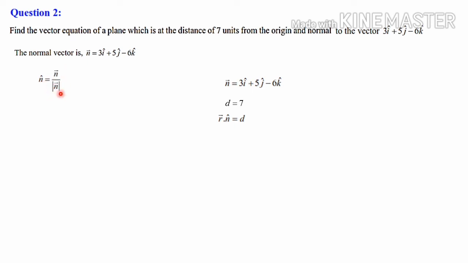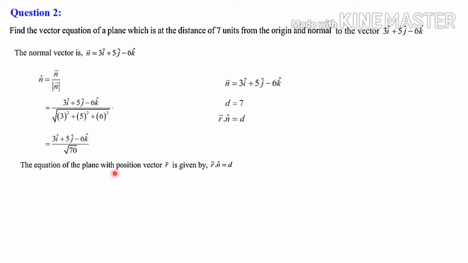Vector n divided by modulus of vector n, that is equal to, modulus of vector n means we know root of x square plus y square plus z square, that is 3 square plus 5 square plus 6 square, that is a root of 3 square plus 5 square plus 6 square in the denominator, and the numerator is vector n itself, that is 3i cap plus 5j cap minus 6k cap. That is equal to, numerator is same, denominator 3 square is 9, then 5 square is 25, 6 square is 36. When you add these three, we will get as 70, root of 70.